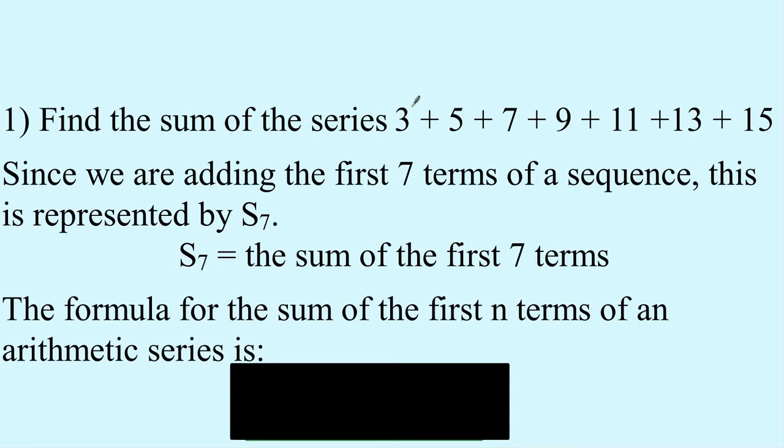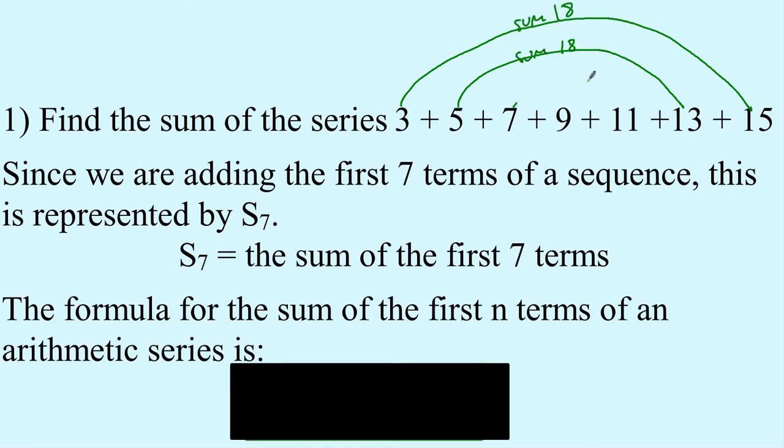Okay, so let's take the first term and the last term. Just go with me here. You get 18. Notice the second and the second to last is also 18. Then 7 and 11, the sum is 18, and 9 is just half of 18, right?